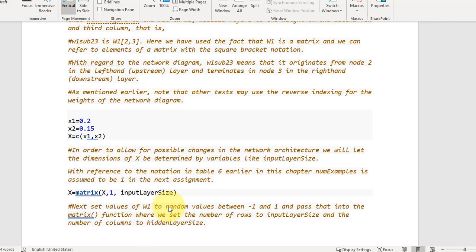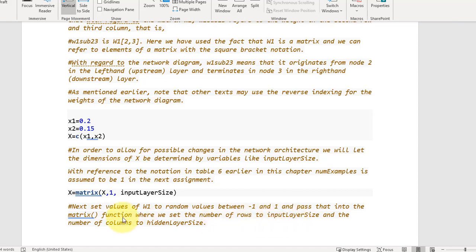Now we want to create a matrix, and we want to assign the values randomly. We said we were going to initially assign the weights in the weight matrix to random values between -1 and 1, and then pass that into the matrix function. We're going to create a matrix where we set the number of rows to the input layer size and the number of columns to the hidden layer size.